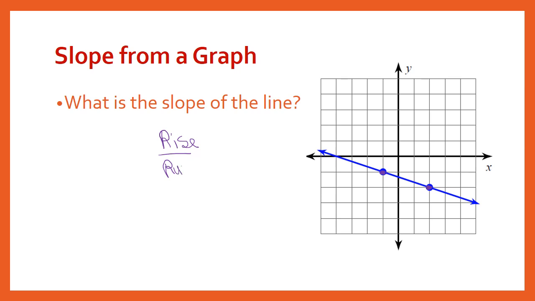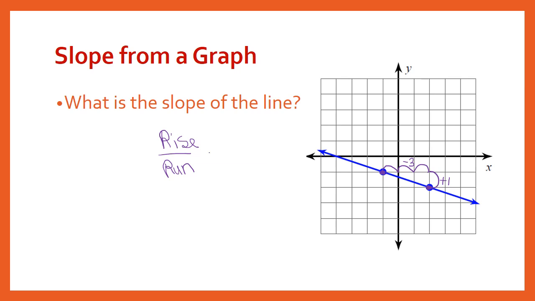Now, the rise is the number of points that you need to take to reach the other point. In this case, I'm going to have to go up 1 unit. That means +1 to get to my second point. And then after that, I'm going to have to move 3 units to the left. Left can be represented by a negative, so -3 to get to my second point.